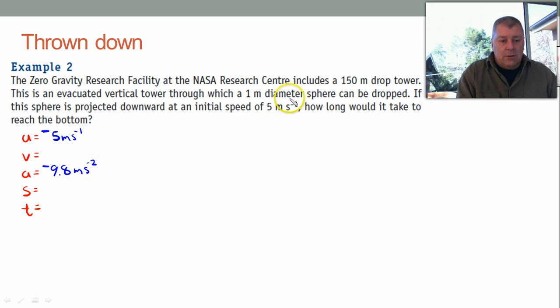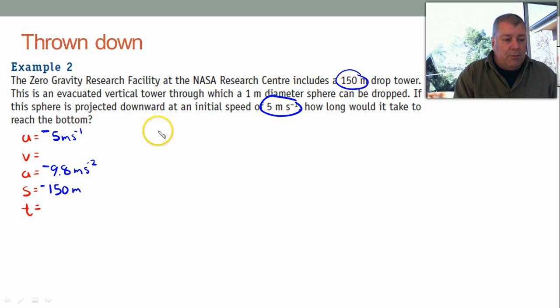What else do we know? We've used that one. We also know the distance, so that's going to be minus 150 meters.